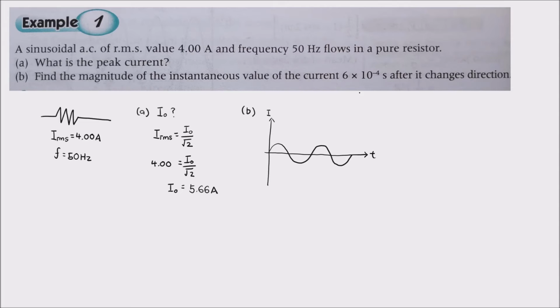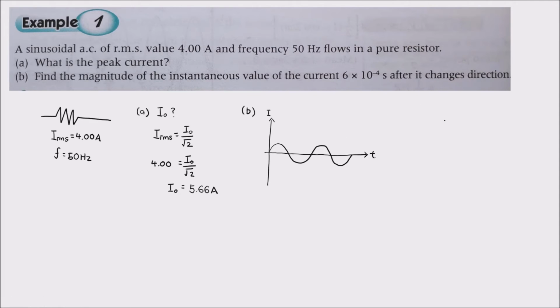For our syllabus, it is always sinusoidally varying. So let's say this is how our current varies with time. They ask for the magnitude of the instantaneous value of the current, so the current at a specific time, but just its magnitude only. Which specific time? The time when it is 6 times 10 to the power negative 4 seconds after it changed direction.